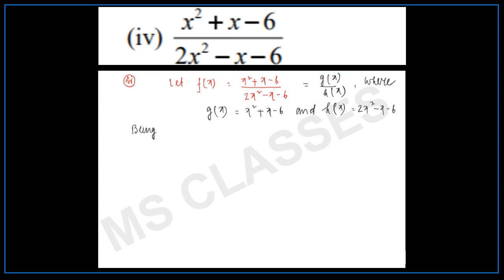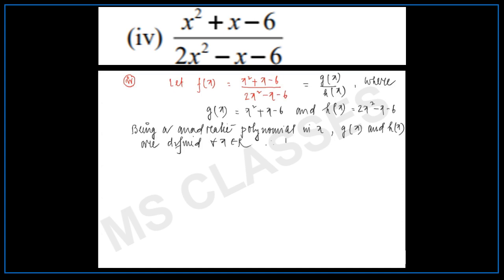Being a quadratic polynomial in x, g(x) and h(x) are defined for all x belongs to R. Therefore, domain of g is R, domain of h is R.